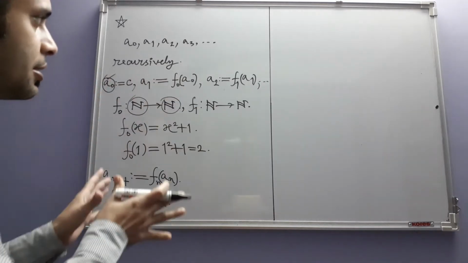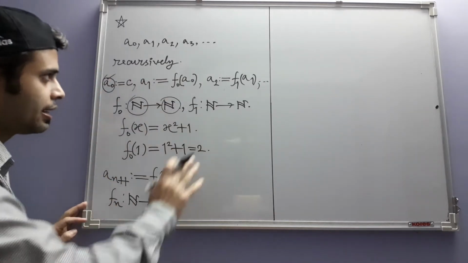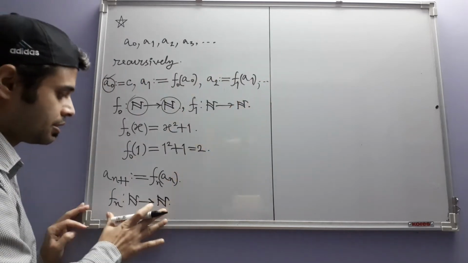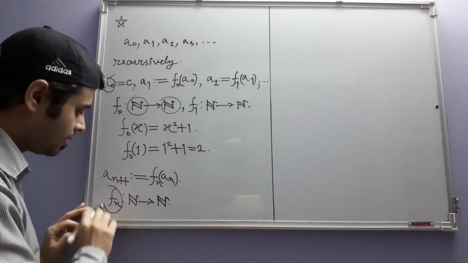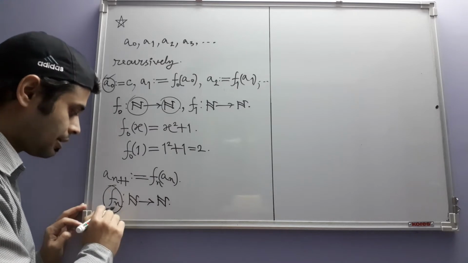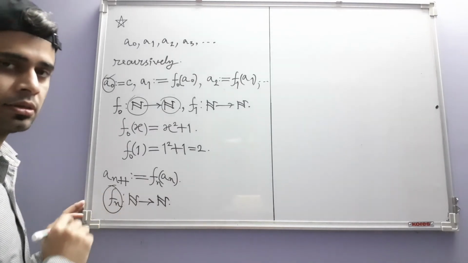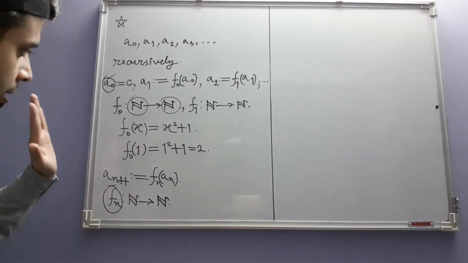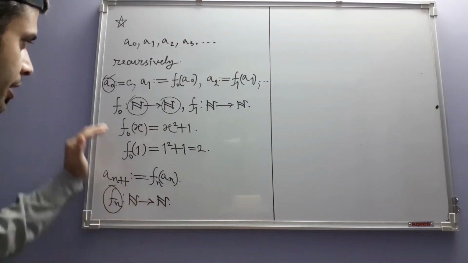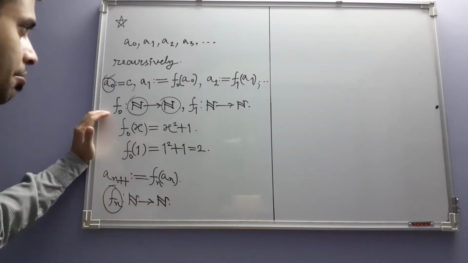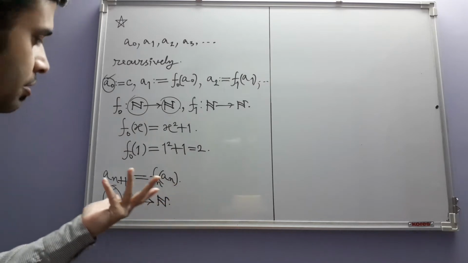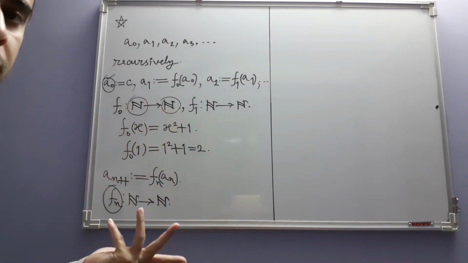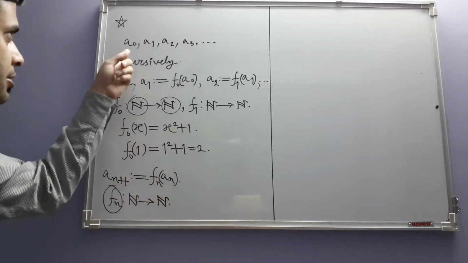Once the functions are given, you can see that to make sense of this definition, I need infinitely many functions. For each natural number n, I need a function fn. And I am again stressing the point that these functions may or may not be distinct. They may all be equal also, just like ordinary sequences.